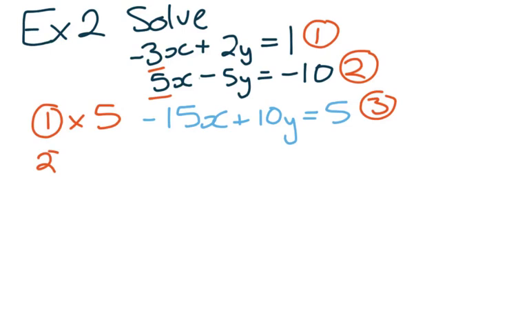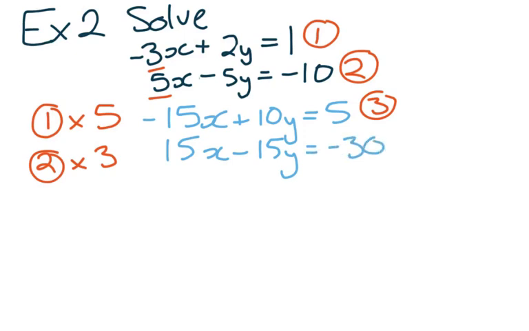And then we would need to do the second equation multiplied by 3 to get 15x take 15y equals negative 30. And we'll label that equation 4. Now, technically speaking, we're not using equation 1 and 2 anymore. We're looking at our new equations, and we look and see, okay, we've made the x's the same, so how do we get rid of them now?